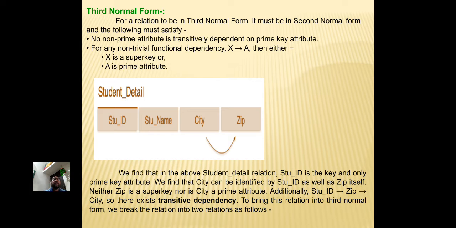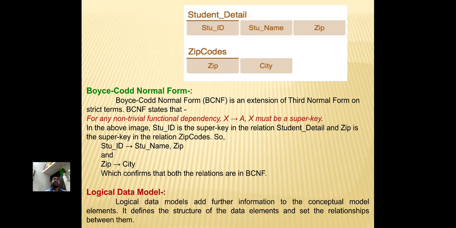Additionally, student ID implies zip and zip implies city, so there exists a transitive dependency. To bring this relation into third normal form, we break the relation into two relations as follows. So in the picture: table student detail and zip code, with zip and city.